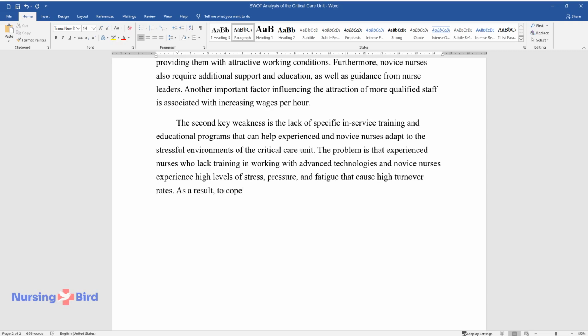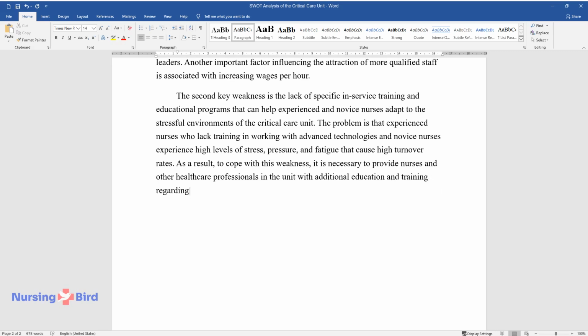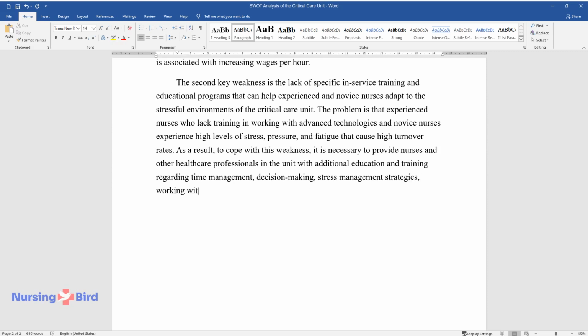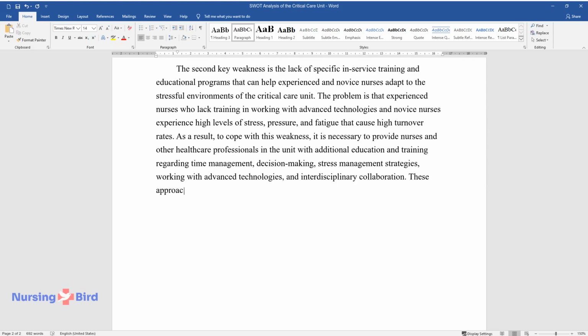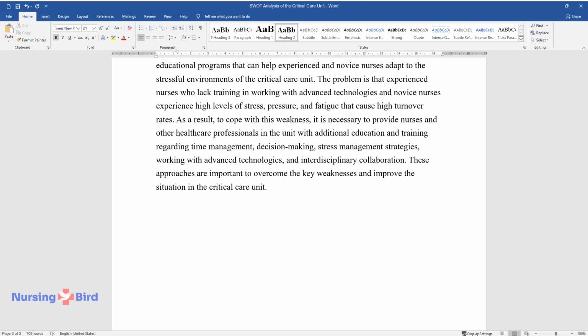As a result, to cope with this weakness, it is necessary to provide nurses and other healthcare professionals in the unit with additional education and training regarding time management, decision-making, stress management strategies, working with advanced technologies, and interdisciplinary collaboration. These approaches are important to overcome the key weaknesses and improve the situation in the critical care unit.